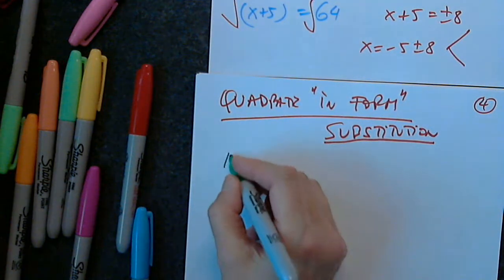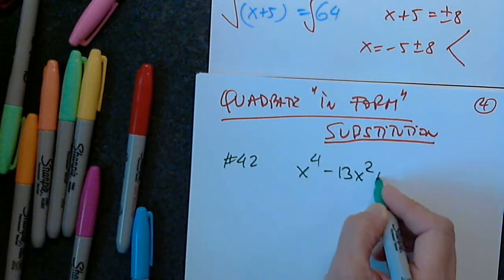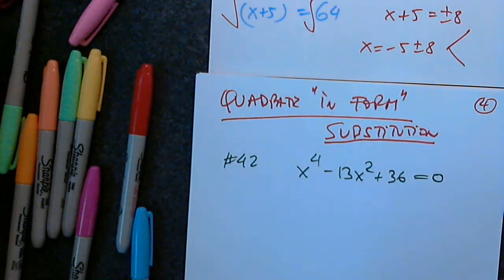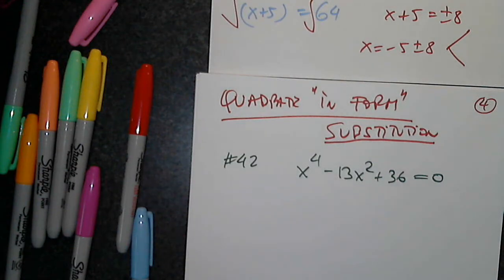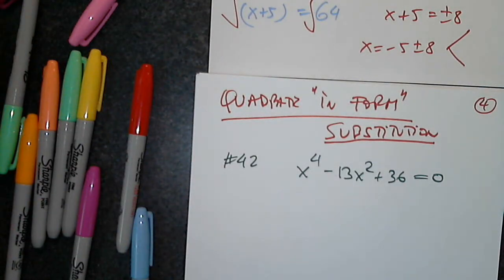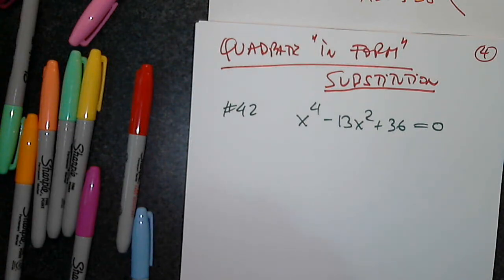I'd like to start with 42. x to the 4th minus 13x squared plus 36 equals 0. Okay. Notice one thing.